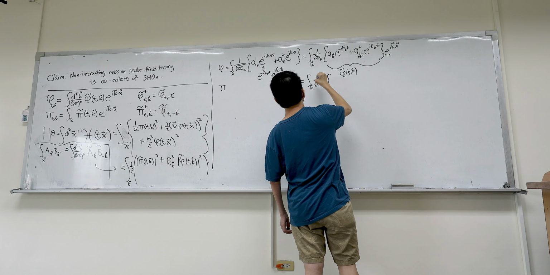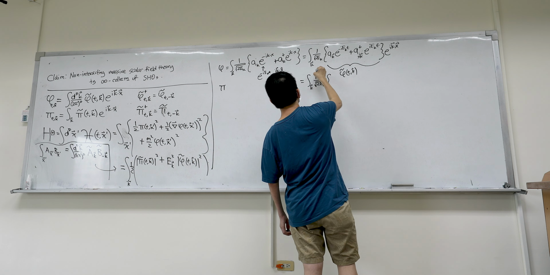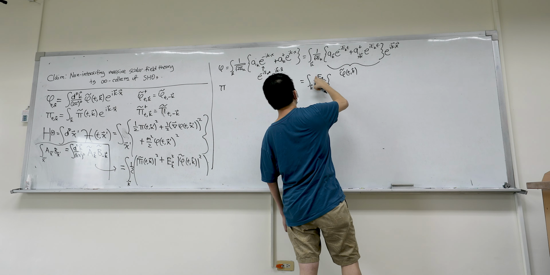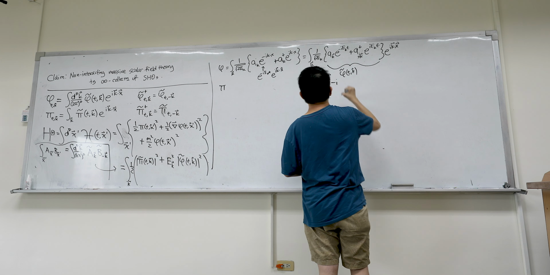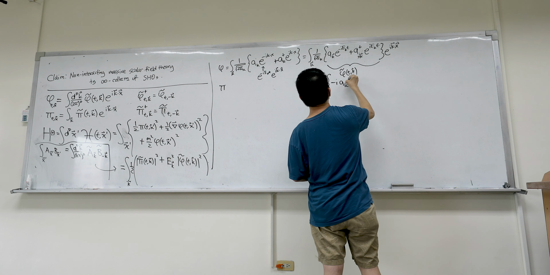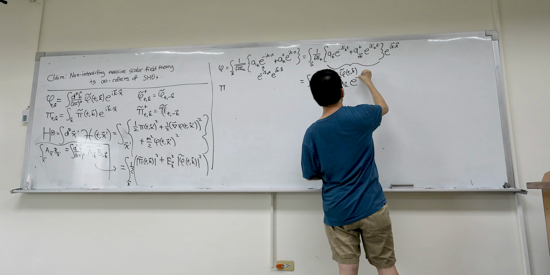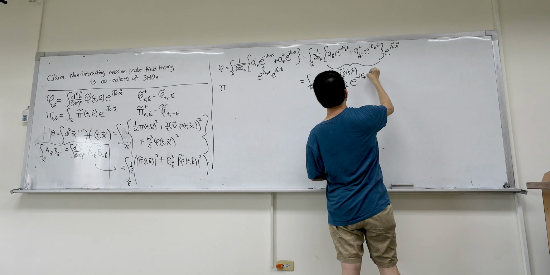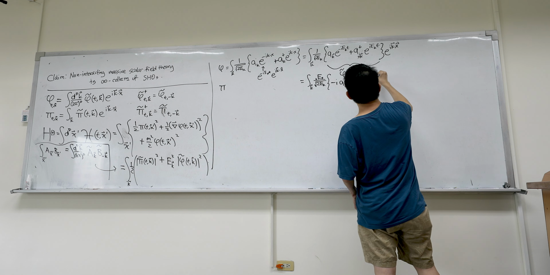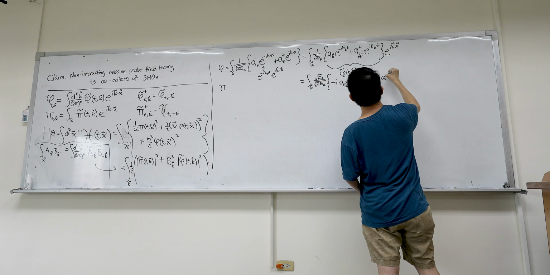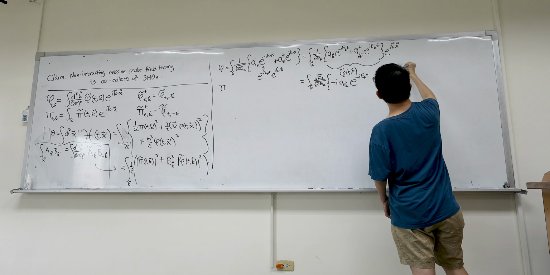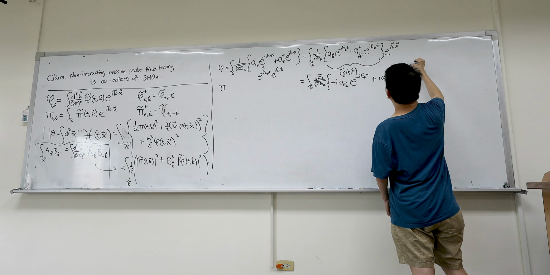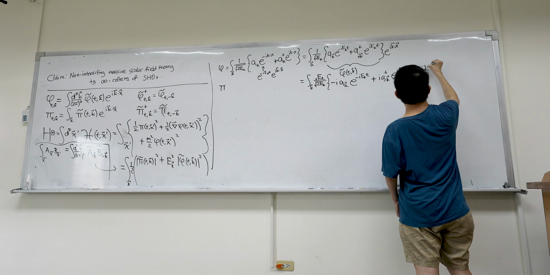And then I will have, let me put in the i, a minus i a_k vector e to the minus i e_k t, and then plus i a dagger of minus k vector e to the i e_k t, e to the i k vector x.